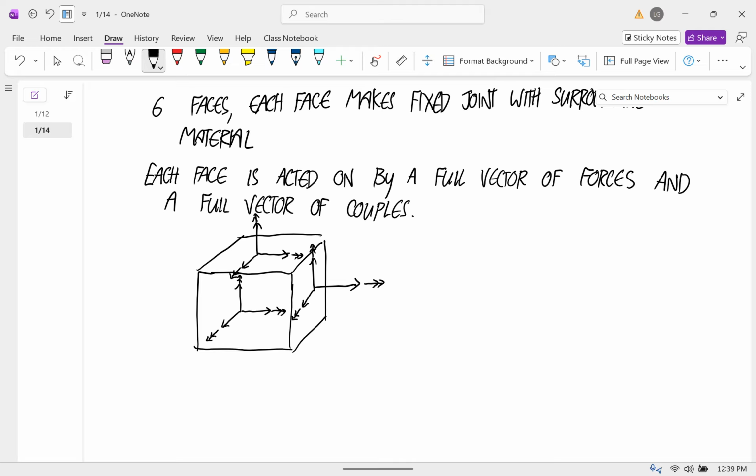So a positive value of this couple would be a rotation about this axis like that. This one would be a rotation like this. So each one of those doubled arrows represents a moment component whose direction is defined by the right-hand rule.